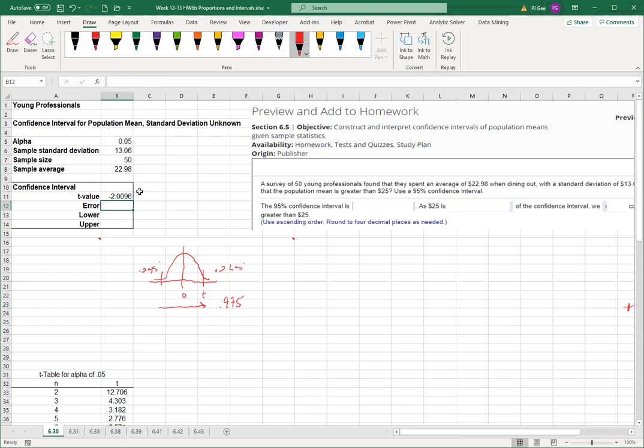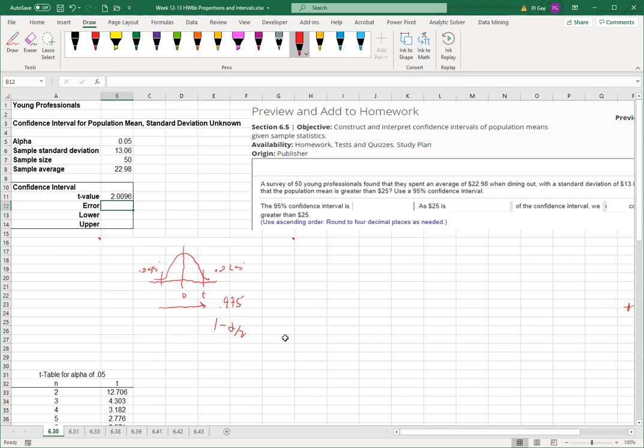Now, what I had done here is I did not put the 1 minus. It doesn't matter. I don't want to confuse you, but we're going to put a 1 minus in this, right? Because of what I just said, 0.975 is 1 minus alpha over 2. So just think about it when you use this T.INV.